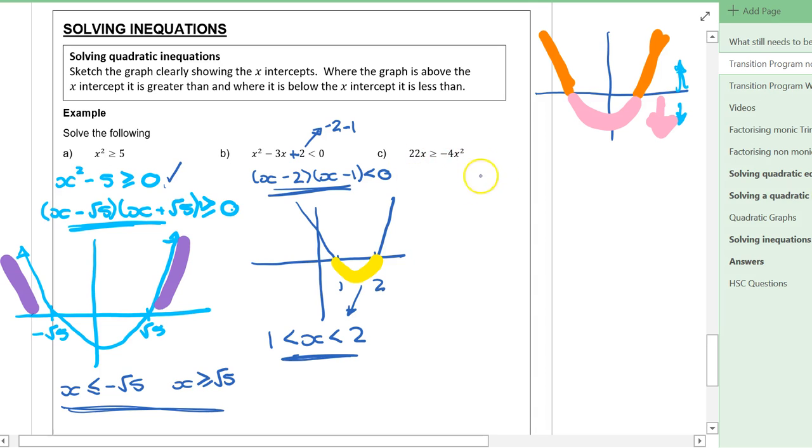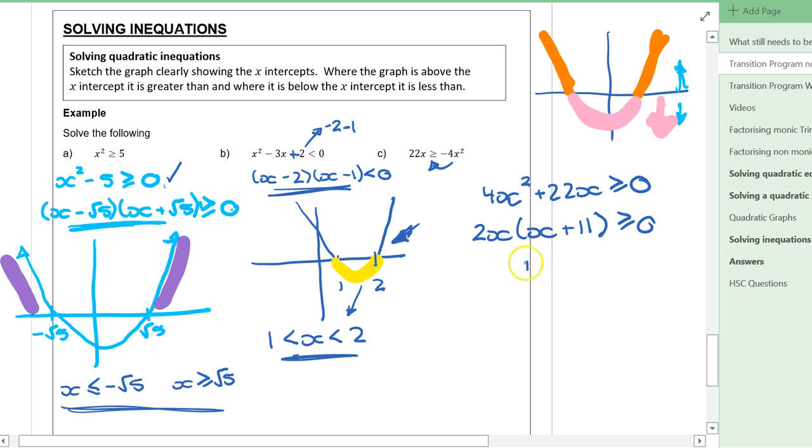Let's have a look at this one. I'm going to bring the 4x squared over because I want to be able to draw a happy parabola. I don't want to draw an upside down parabola because then it's just easier if I keep consistent with these diagrams. So I've got 4x squared plus 22x is greater than or equal to 0. Now I'm going to factorise by taking 2x out the front. x plus 11 is greater than or equal to 0.